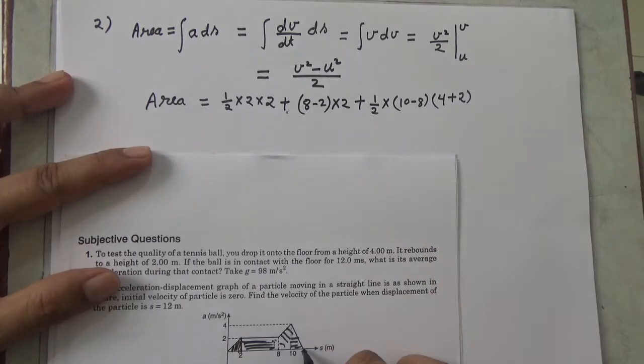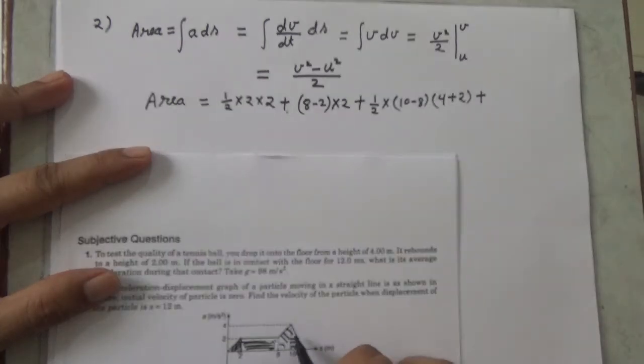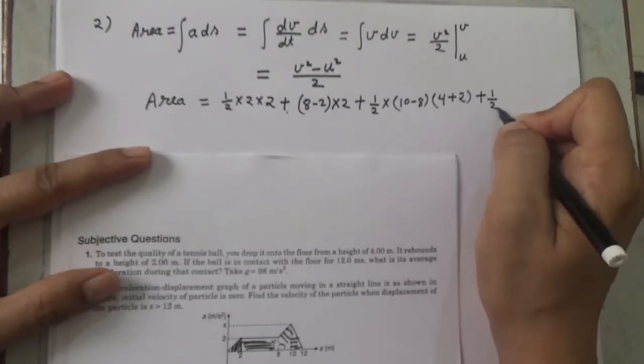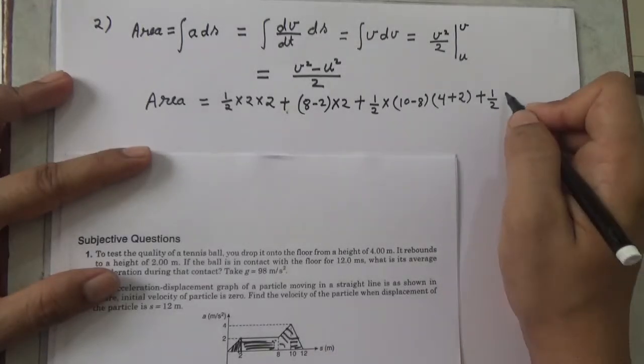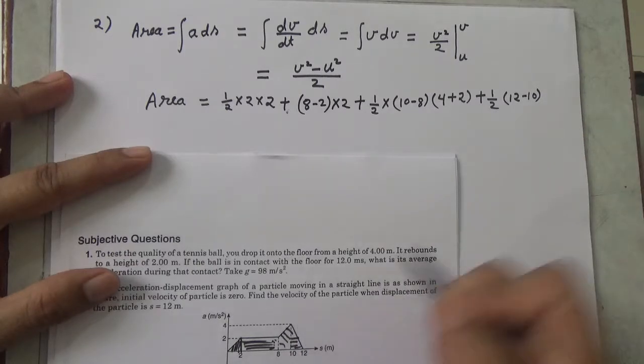Then this last triangle's area will be half into base, 12 minus 10, and height is 4.